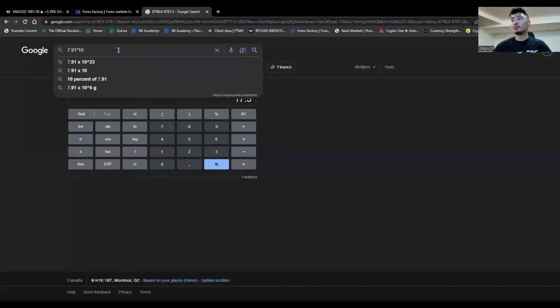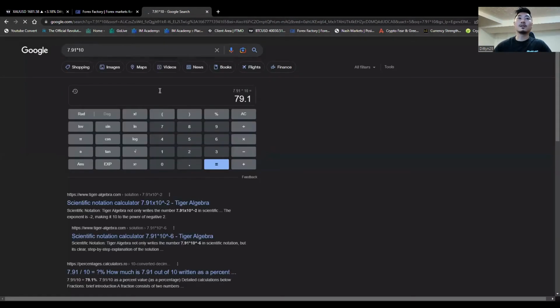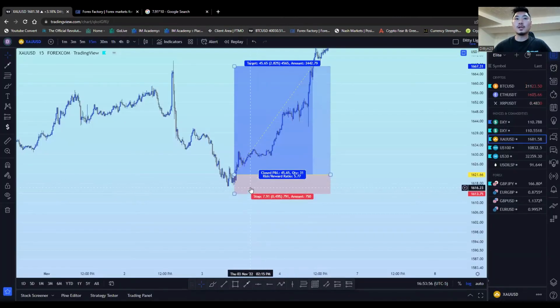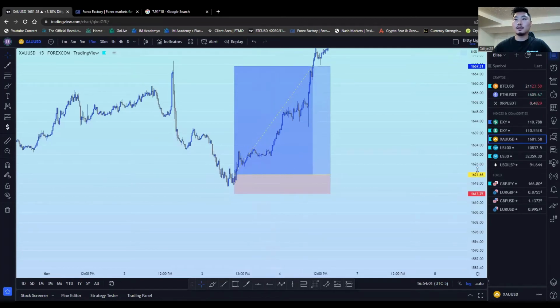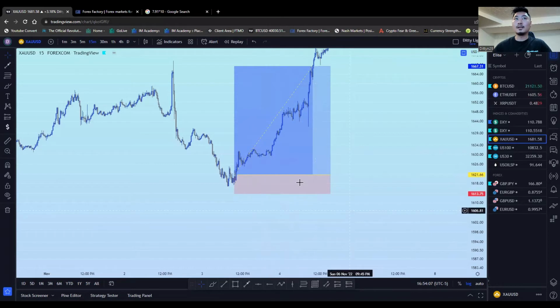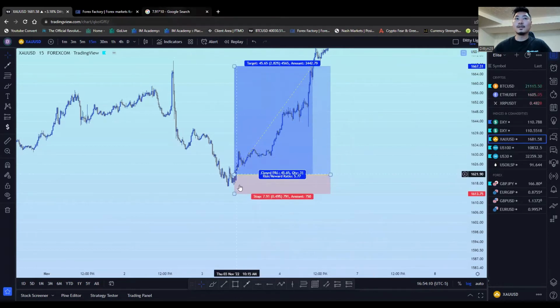But in general, every dollar of movement on gold equals 10 pips. So if I multiply this by 10, it would be 79.1 pips of movement. So you see here, the stop 7.91 is the amount of dollars of movement that you're risking in this case, times 10 will give you 79.1 pips.